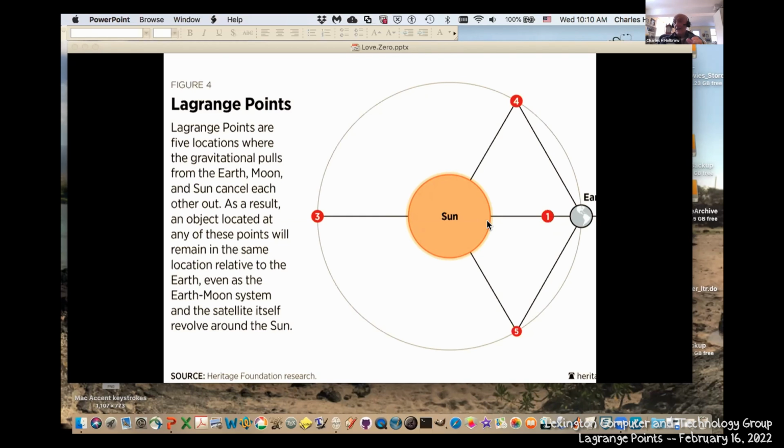Actually, I enjoy algebra, and I did a lot of algebra in order to prove to myself that I could actually calculate where these points are. But I thought it would be stultifying in the extreme to go on in detail about it. But I did want to give you a sense of what it is that you're balancing.